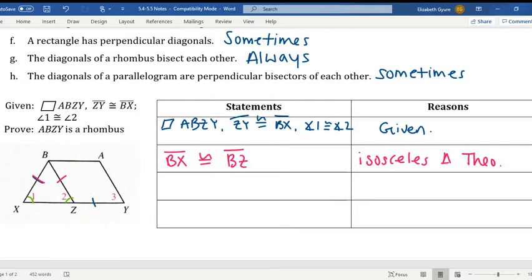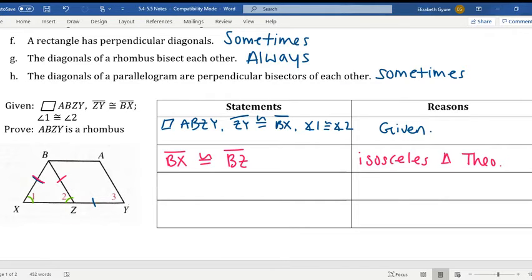Good. Why would that be helpful? Braden. Very good. So now we're going to know that BZ is congruent to ZY. That gives us that 2 of our sides are congruent.